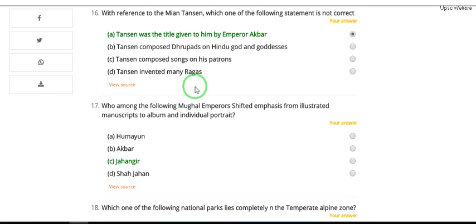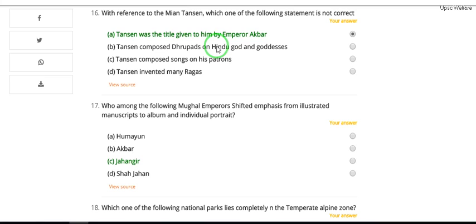With reference to Miyan Tansen, which one of the following is not correct here? So Tansen was, yes, the title given to him by Akbar. See, it was conferred, but if we have to choose one out of this, then we have to go with A, because it was conferred by Akbar in the Mughal era.